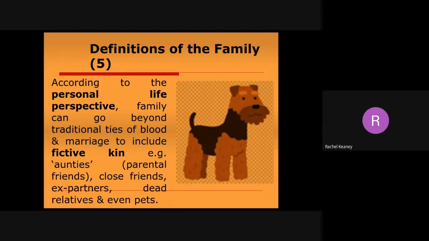But also it could be that people who are no longer with us could actually be considered family members still. So it may be that people still refer to a grandparent who's passed away, or a beloved auntie who's passed away, and that person may still dictate your behavior. So you might get, what would your gran think?